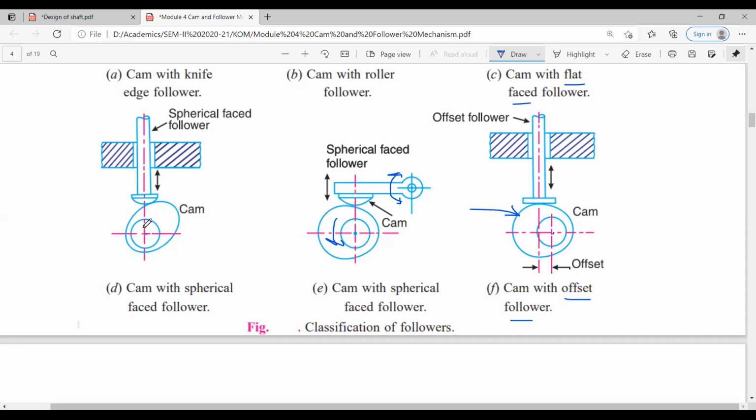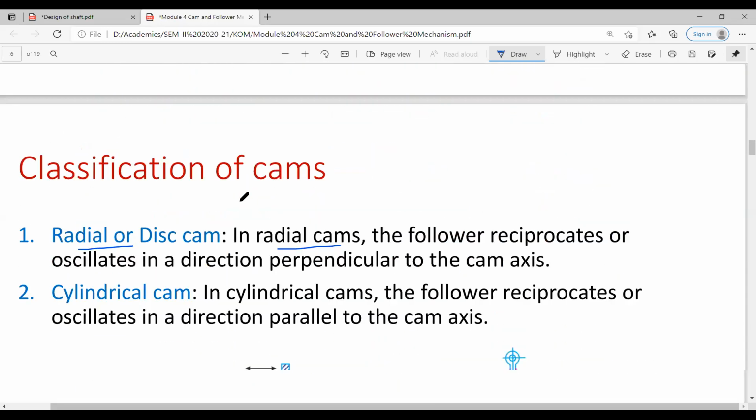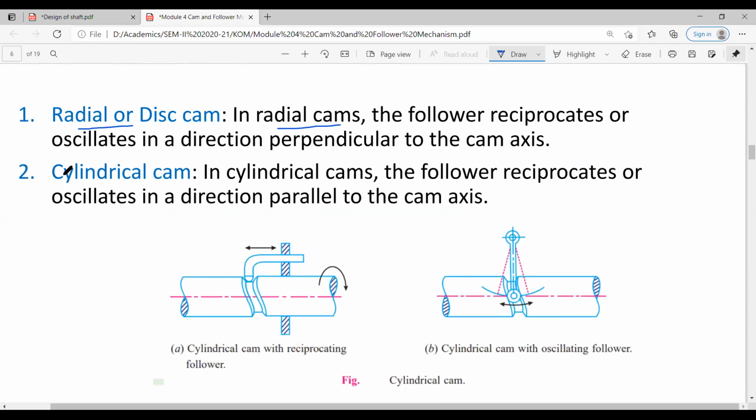So this particular cam is known as a radial cam. And the next one is a cylindrical cam. In a cylindrical cam, the follower reciprocates or oscillates in a direction parallel to the cam axis.